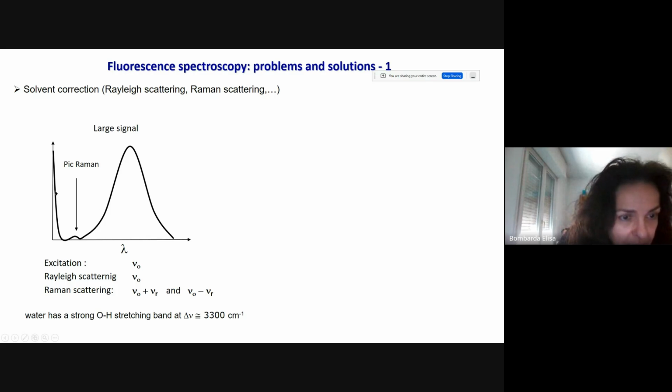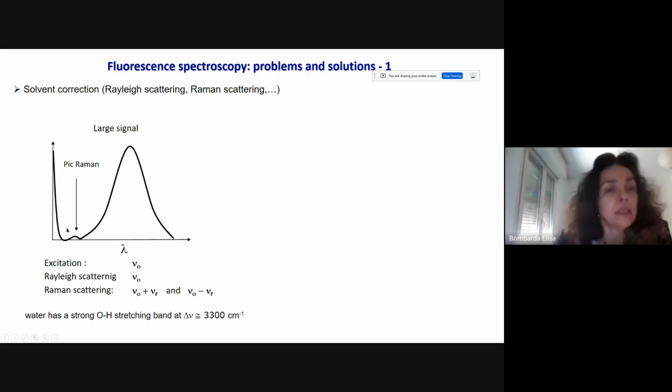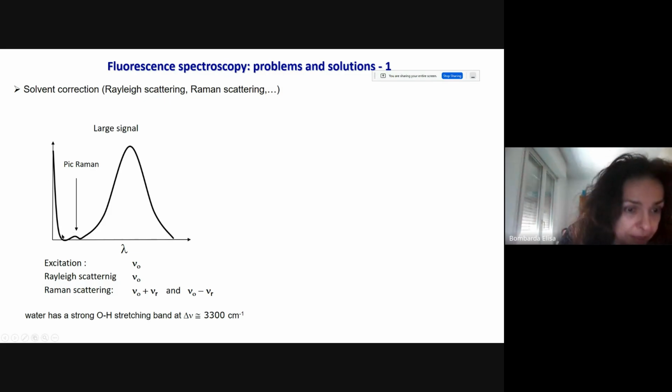The peaks that you see here are detected because they are photons and the detector is detecting them, but it's not fluorescence. Actually, this is scattering. In particular, at the excitation wavelength, this very large peak is the Rayleigh scattering.